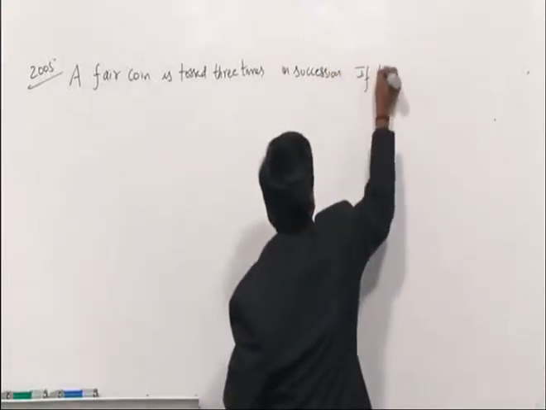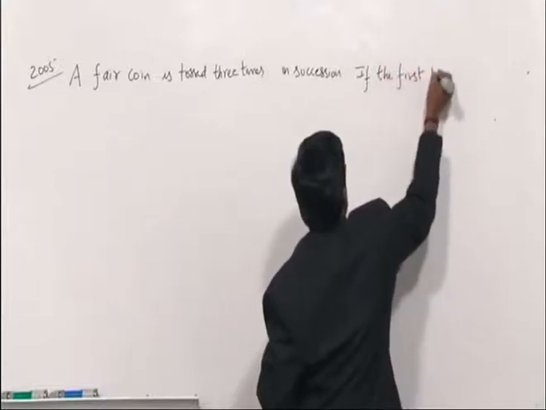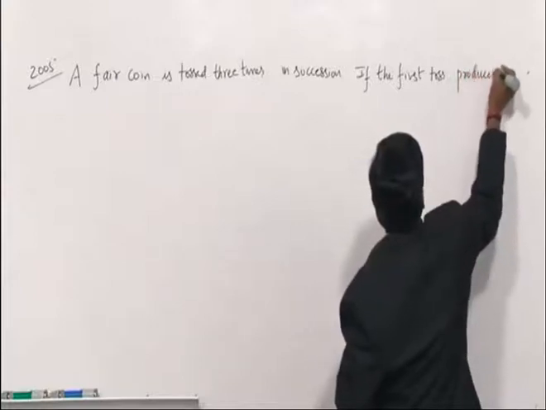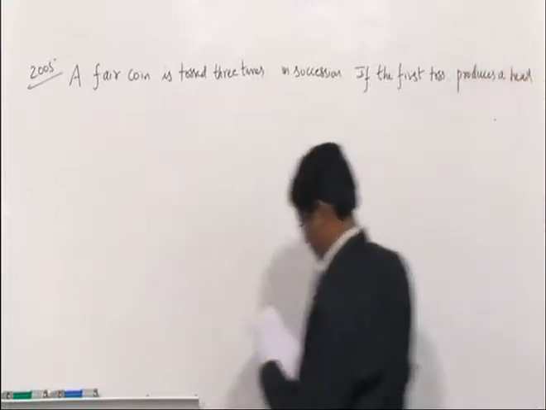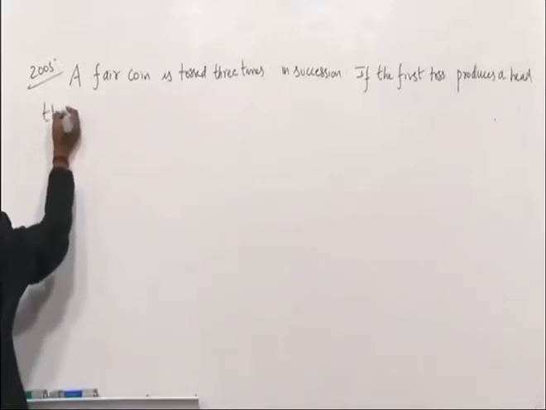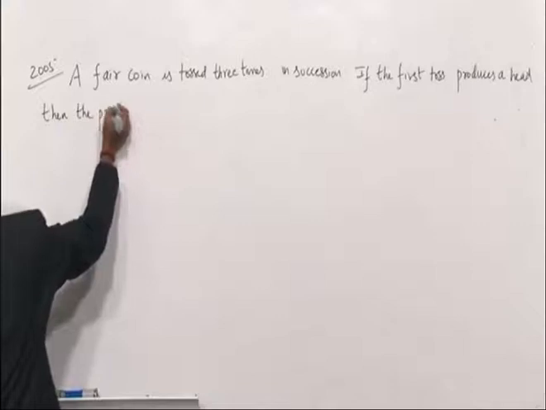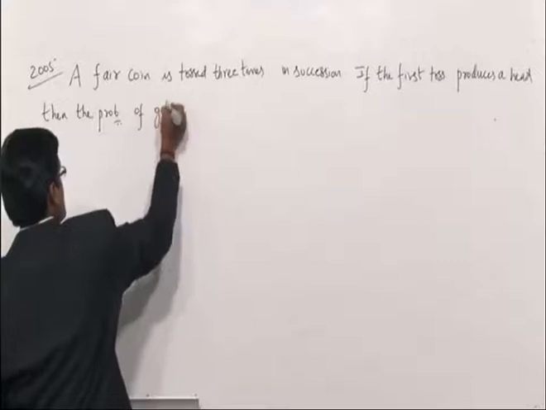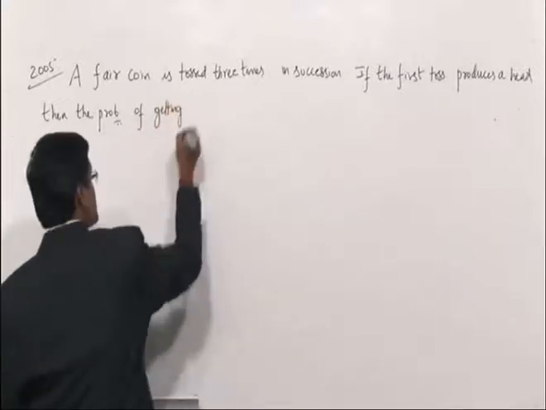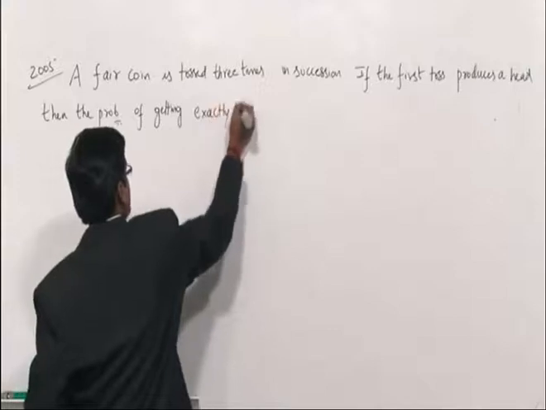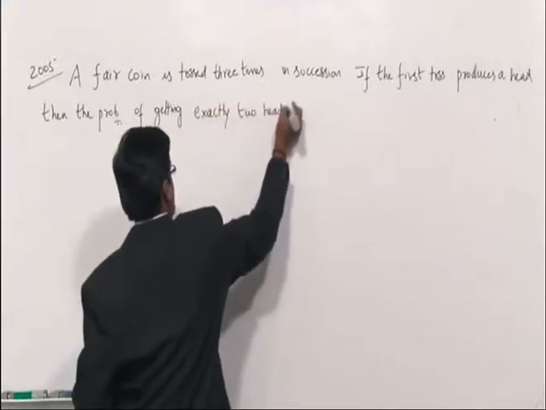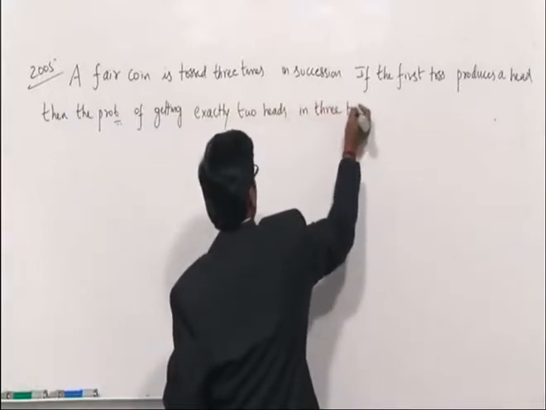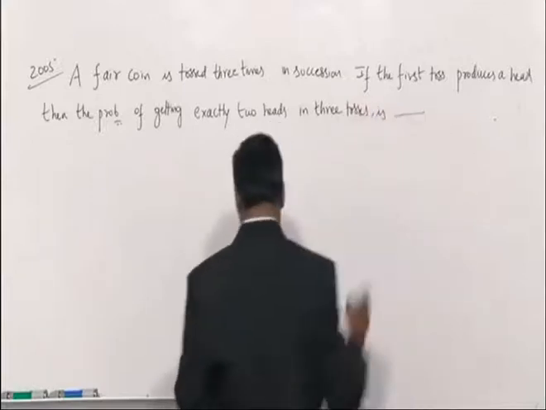If the first toss produces a head, then the probability of getting exactly 2 heads in 3 tosses is.